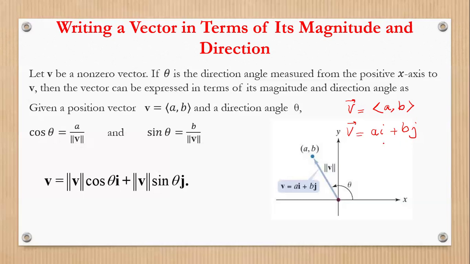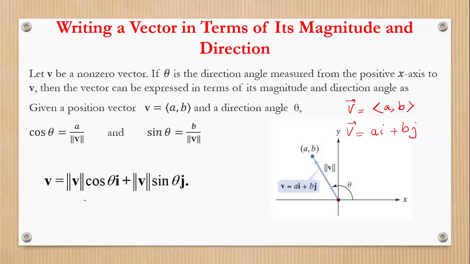Now, we want to see how we can write a vector in terms of its magnitude and its direction. If we look at this vector on the picture, as you see, this vector creates an angle with the x-axis, and we know that the length of the vector is called its magnitude. If I want to rewrite this in terms of the magnitude and the direction, direction means the angle.